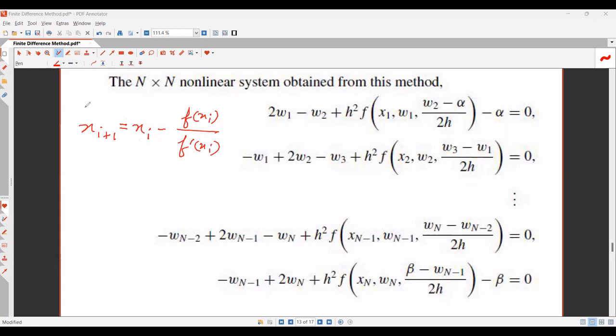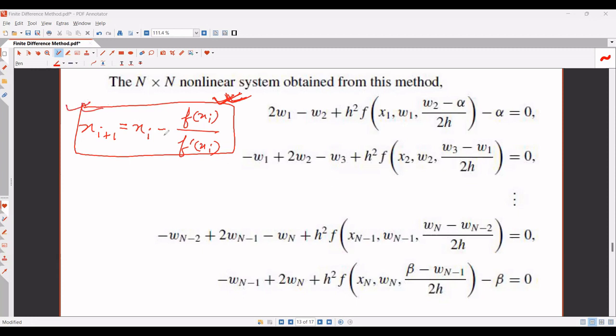Okay. Now, this one works for a single variable, but we have a system here. This works for a single variable equation, and of course, the equation can be as nonlinear as possible. Doesn't matter. The method does not mind. Here, we also have a nonlinear situation, but the difference is we have multiple variables involved.